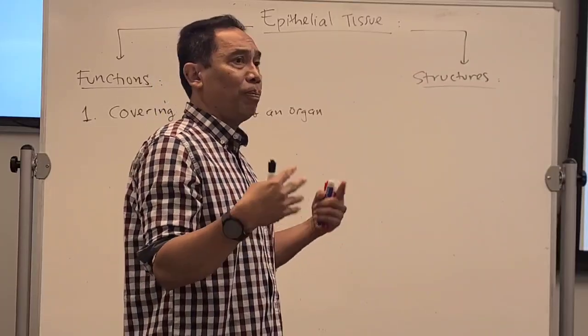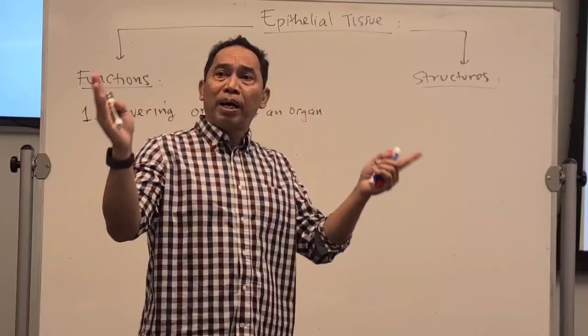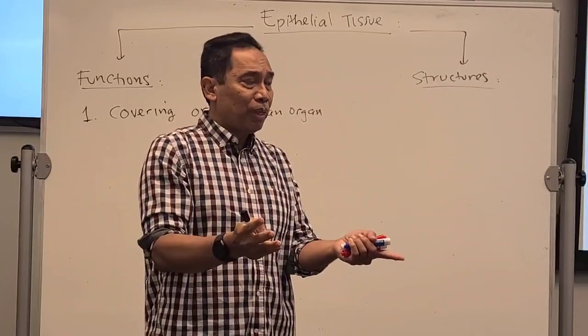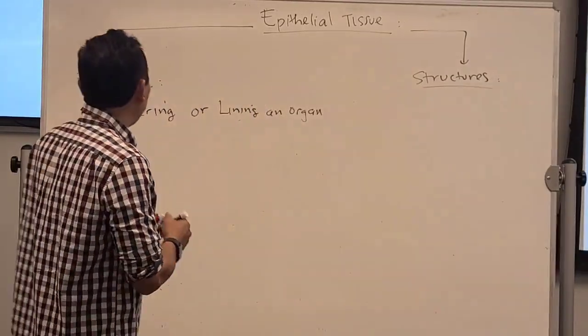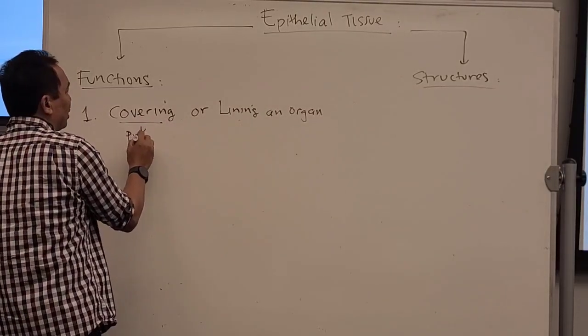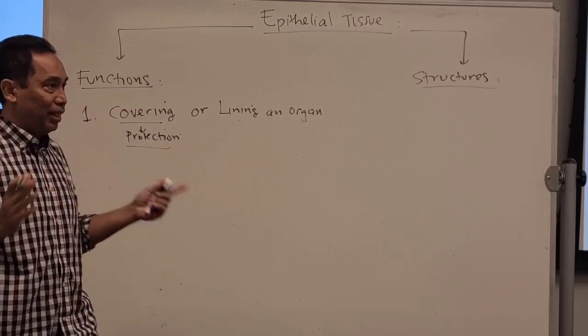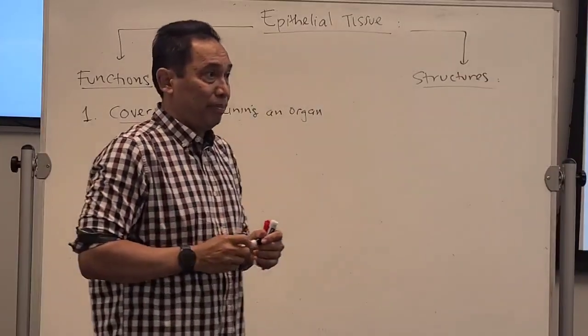Your heart, your brain, our skin, all organs are covered by epithelial tissue. If it is covering, then mostly the function is for protection. It protects that organ itself.